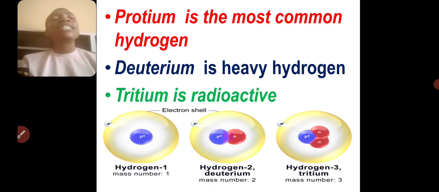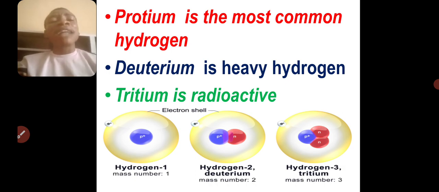It has a percentage abundance of more than 99%. Whereas deuterium, usually known as heavy hydrogen, is next in abundance.